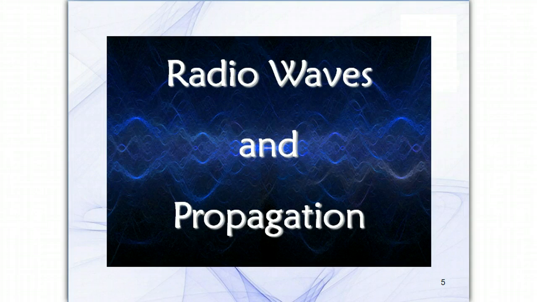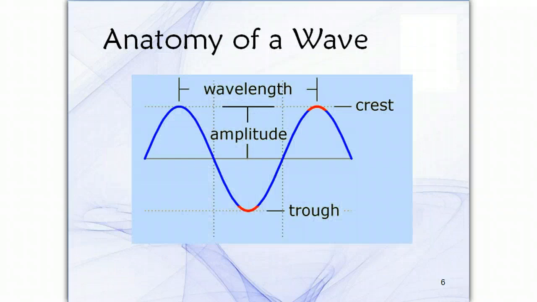A wave can be defined as a disturbance of either sound, light, or radio waves that moves through a medium, whether that be air, water, or vacuum, or wheat stalks moving in the wind would be a good example. The anatomy of a wave: we start the cycle at points A, B, C, and D, which will be on the next slide.